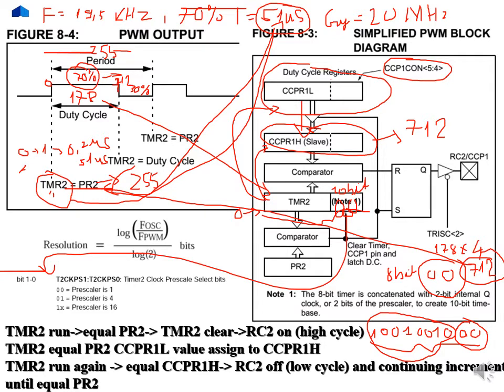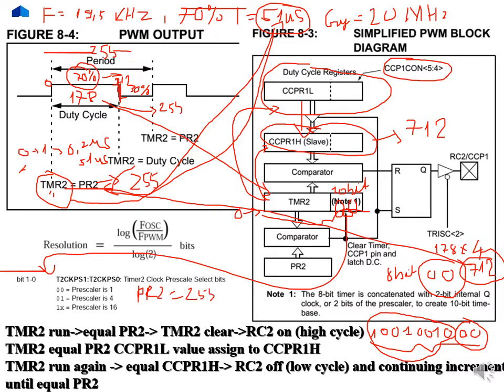So when timer 2 increases from 0 to 712 here, the RC2 will go low, and at that time, as I said before, timer 2 will become 8 bit again, and then timer 2 will become 178 here, and then it will count up to 255, and then it finishes one loop, and another loop will continue again.